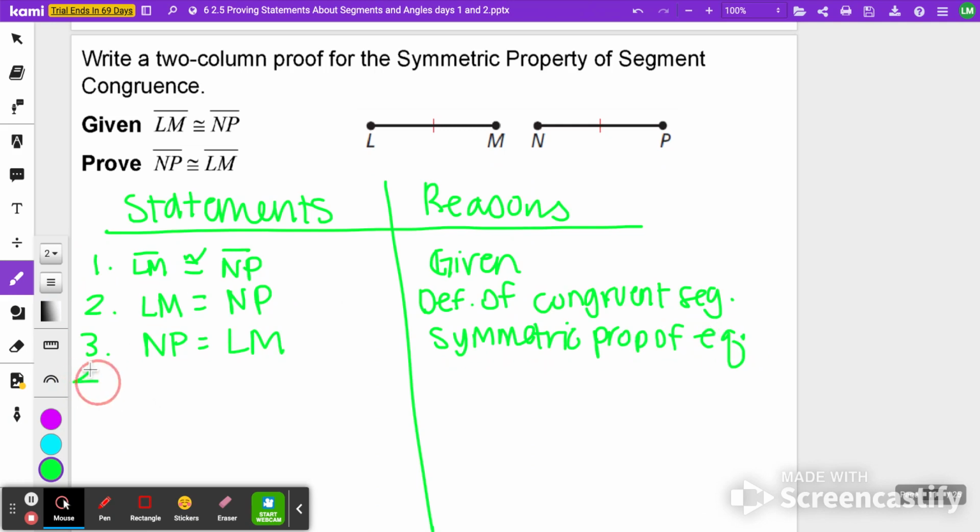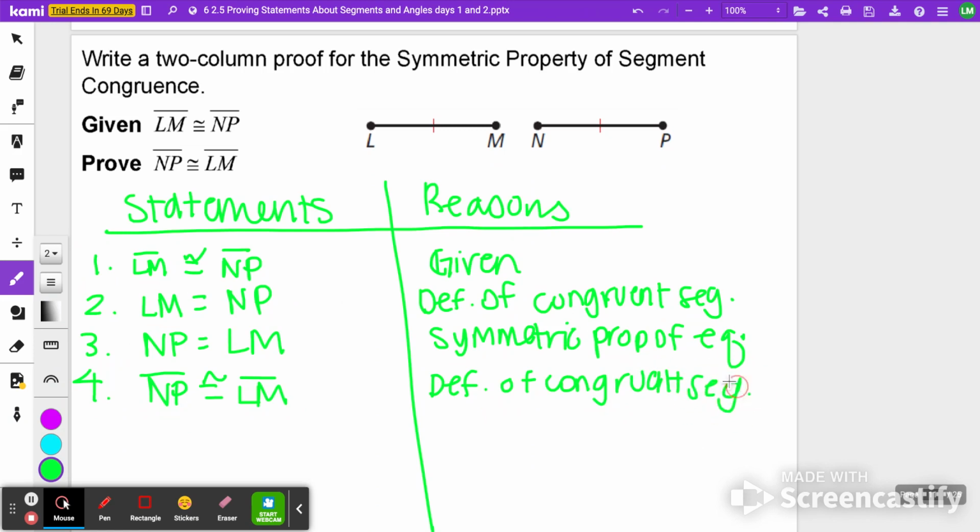And because of that, we can finalize this proof by saying segment NP is congruent to segment LM based on the definition of congruent segments. Okay?